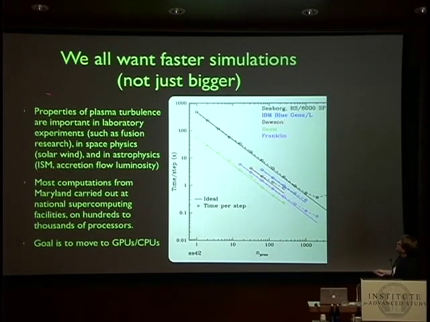So I calculate plasma turbulence, as Jim said, and we do most of our calculations currently at national supercomputing facilities on hundreds or thousands, or these days 100,000 processors. And this is the kind of thing that my students and postdocs have produced at various times. This is the AstroGK code. This is a strong scaling. So we found a problem that would fit on one processor of a particular IBM SP that was really slow. It's old now.